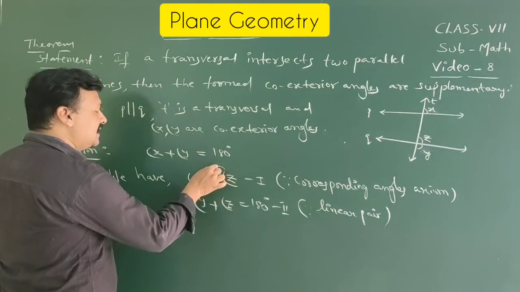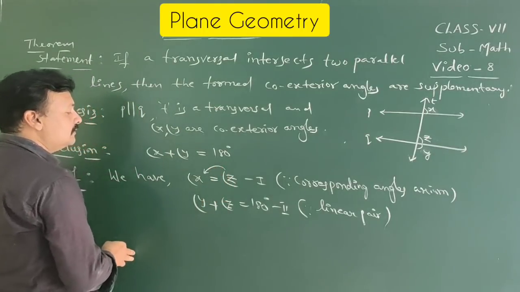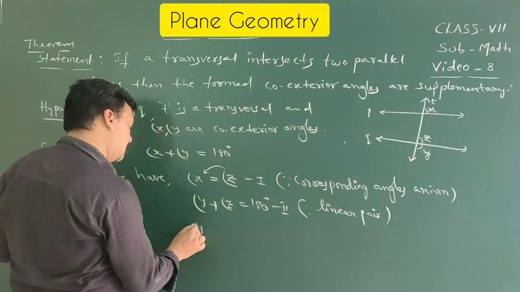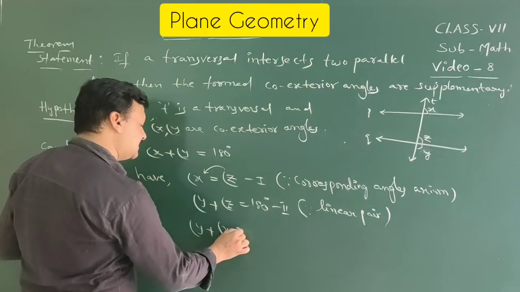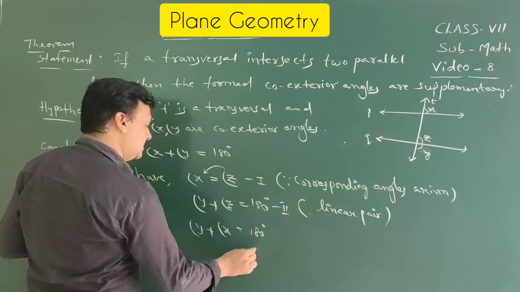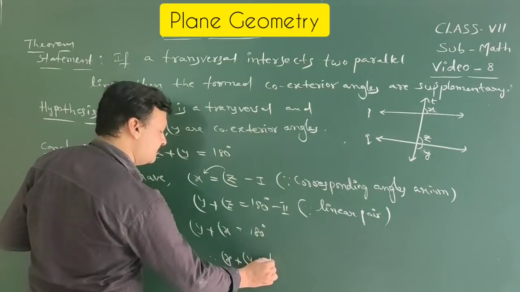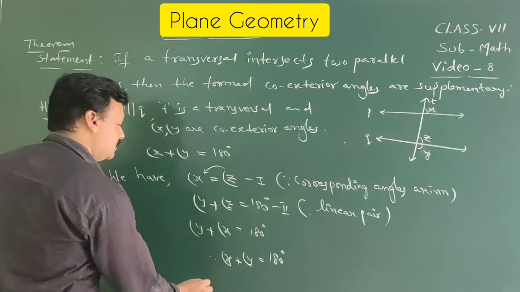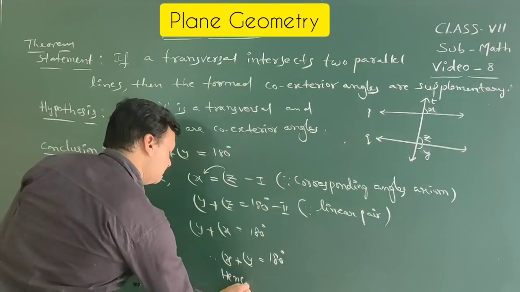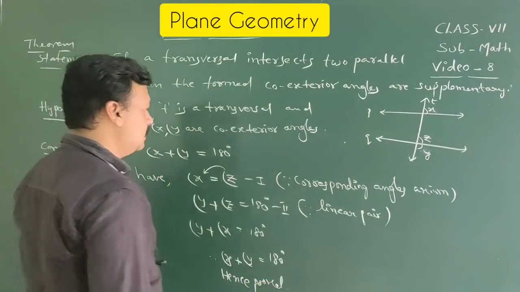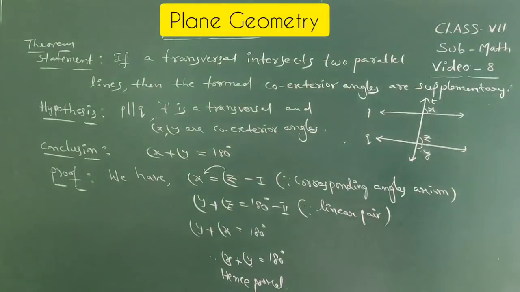So instead of Z, we replace X from 1. That's why here angle Y plus angle X equal to 180. That is the required proof. Hence proved.